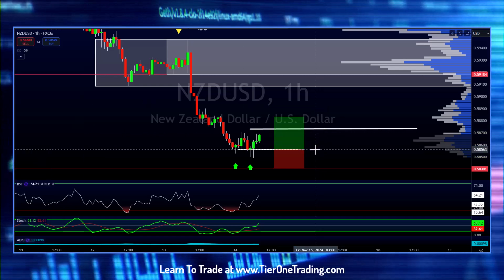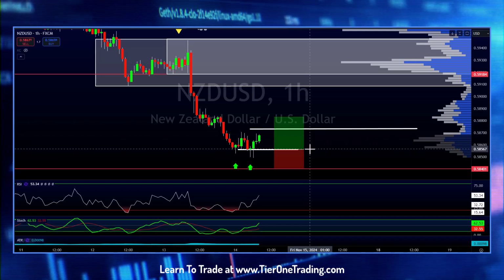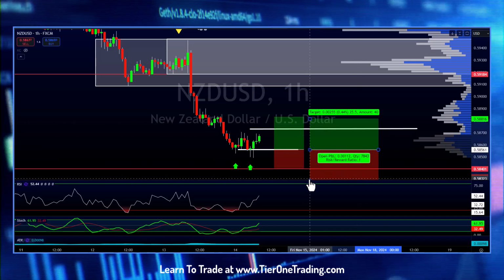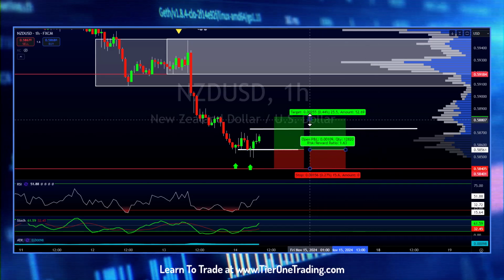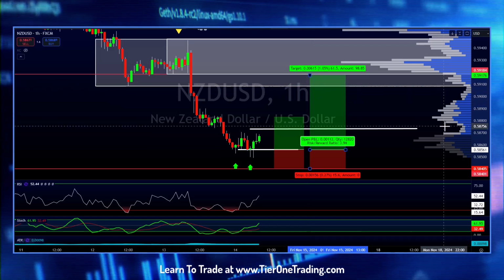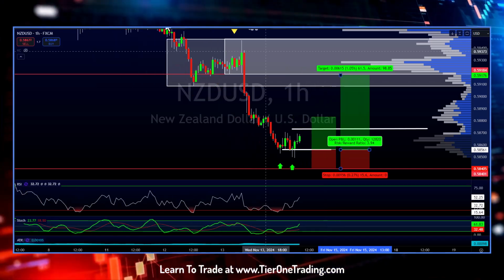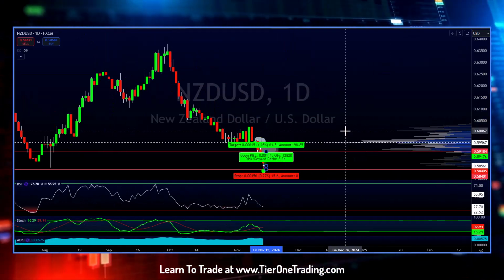Target 2 or first target, depending on, again, how you roll. We're looking at, there we go, the same level we spoke about on the higher time frame. A move back into this zone right here. And of course, if you want to hold a third target, I didn't look at this too much on the daily.